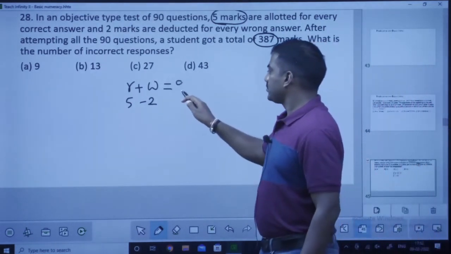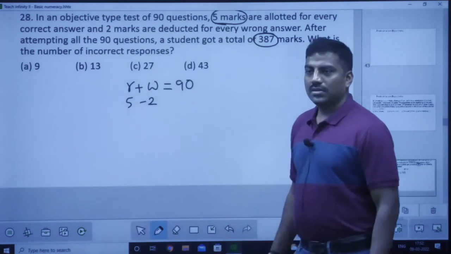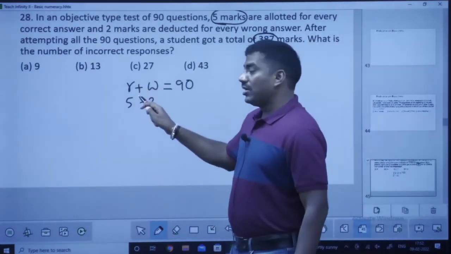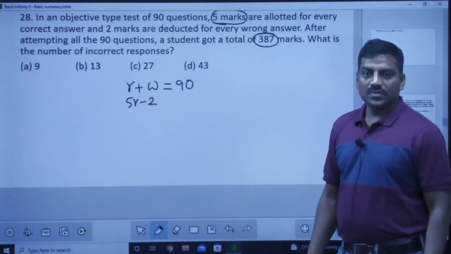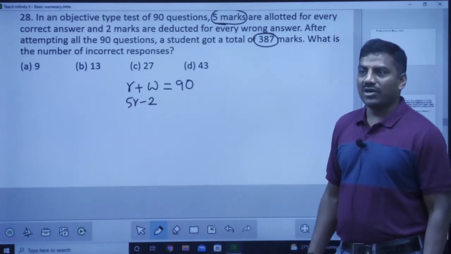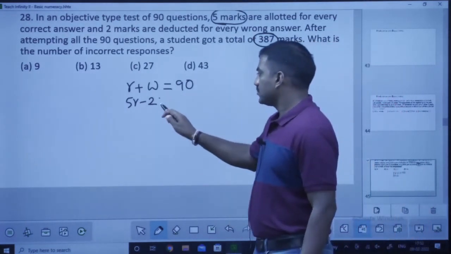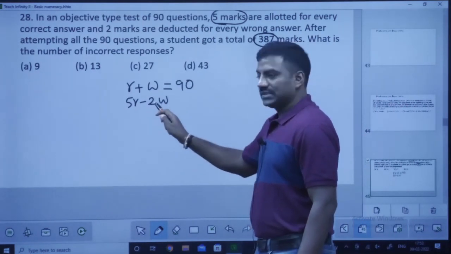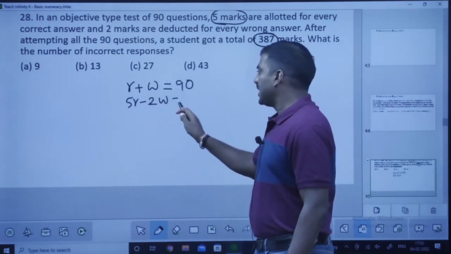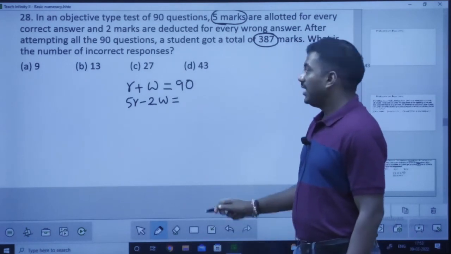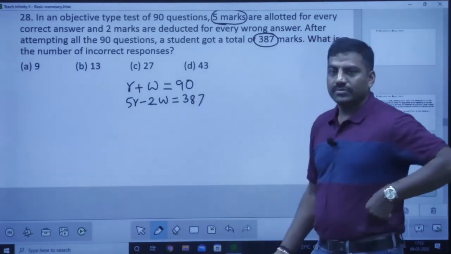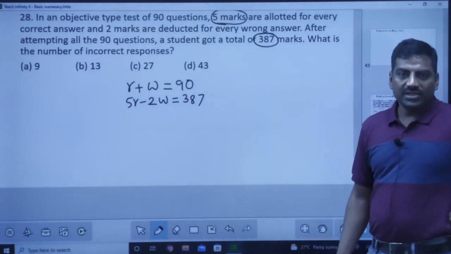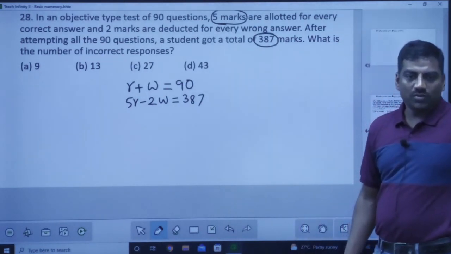Very good. 5 marks are given to every right question, and 2 marks are cut from every wrong question. Minus. And finally, how much has he scored? 387. Correct? Yes or no?